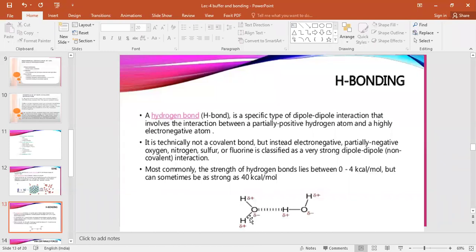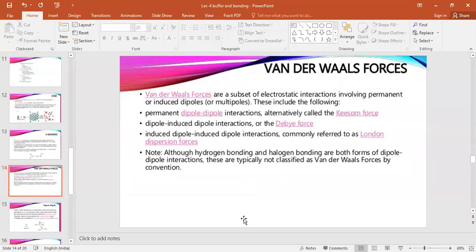In the water molecule, hydrogen and oxygen share a pair of electrons with each other, and that shared electron is more found in the vicinity of the oxygen. That is why oxygen is more electronegative, and due to this it can attract positive ions. It means it can attract the hydrogen of another water molecule, and it creates the hydrogen bonding. This is about hydrogen bonding.